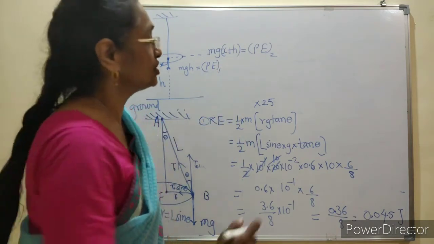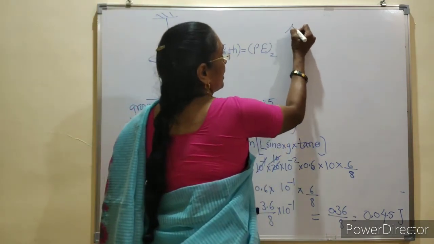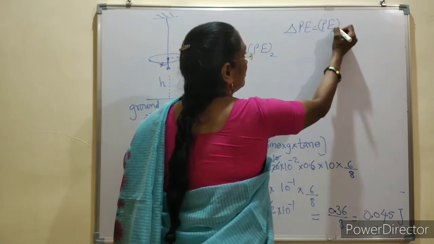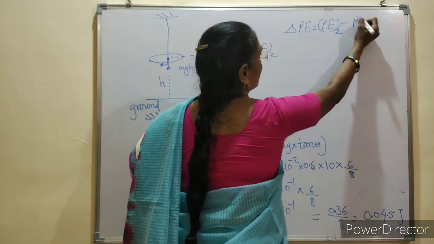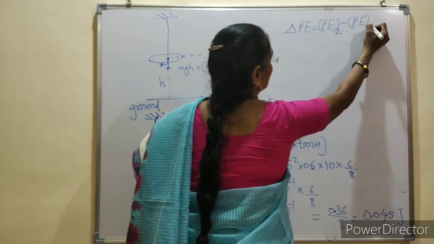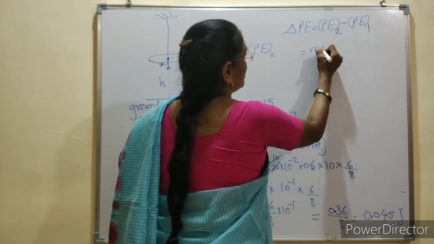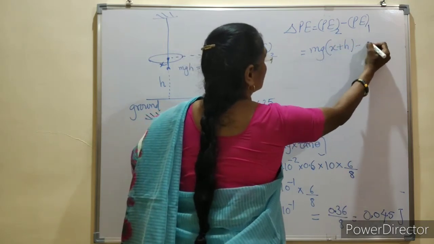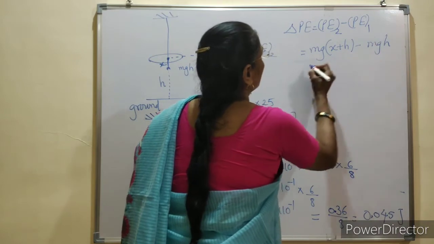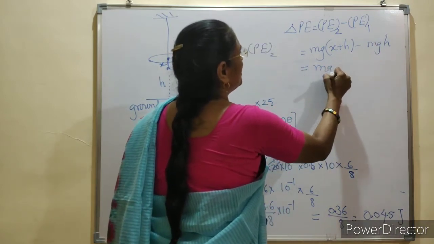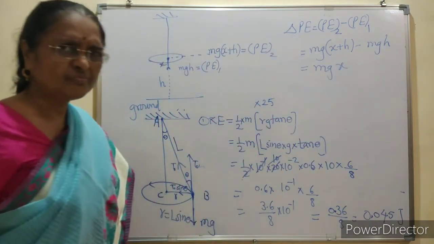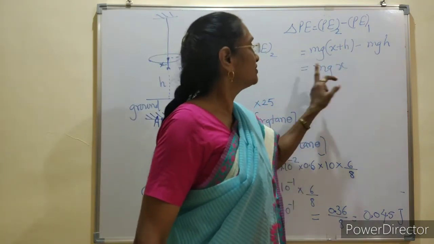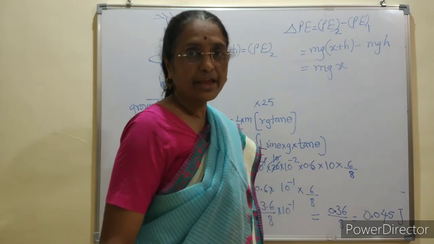So the change in potential energy, delta PE, is equal to final potential energy minus initial potential energy. It is mg(x plus h) minus mgh, and mgh minus mgh gets cancelled, so we get mgx.